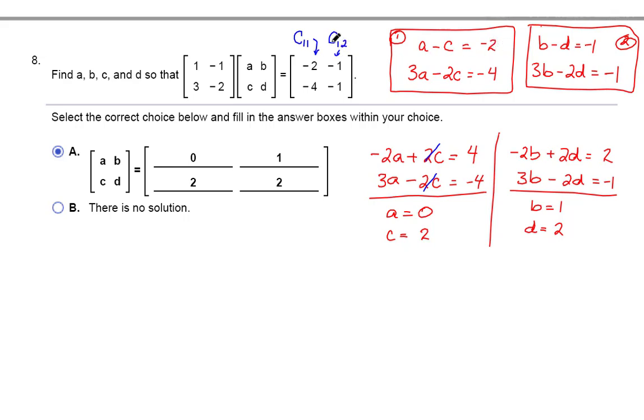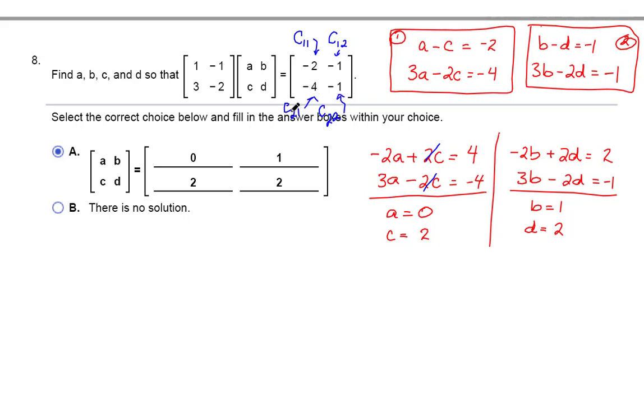How do I get C12? Well, let's see. First row, second column. 1 times B minus 1 times D, and that's got to give me minus 1. So B minus D is minus 1. All right. What about this position? This position is C21, and this is C22.